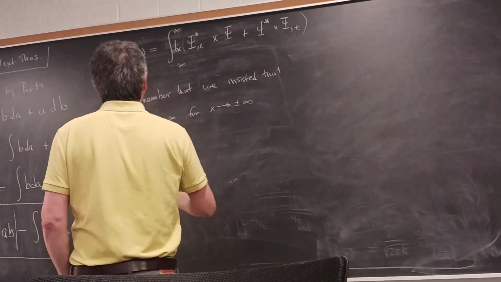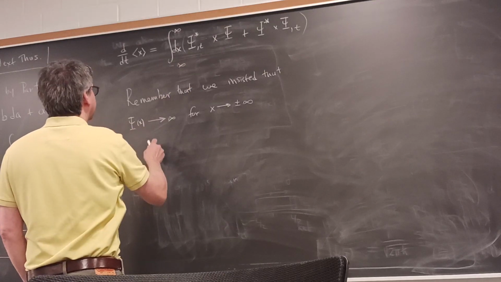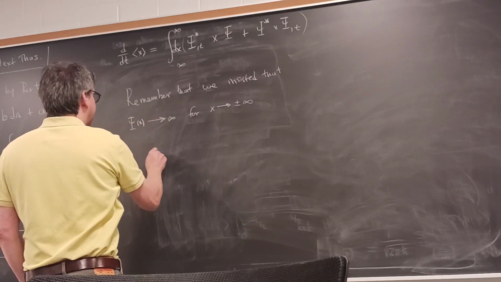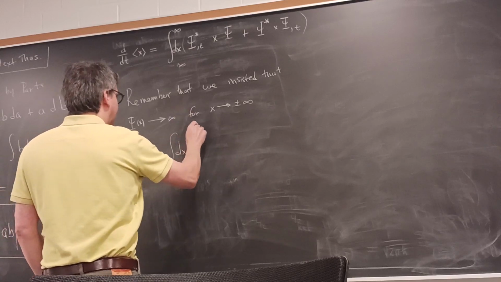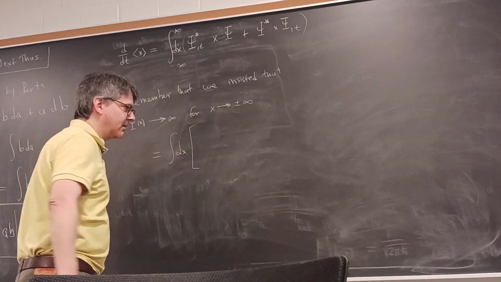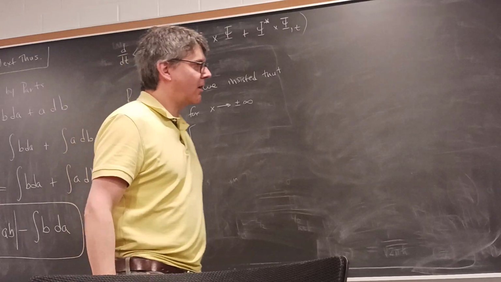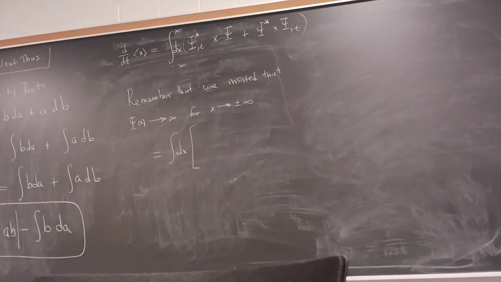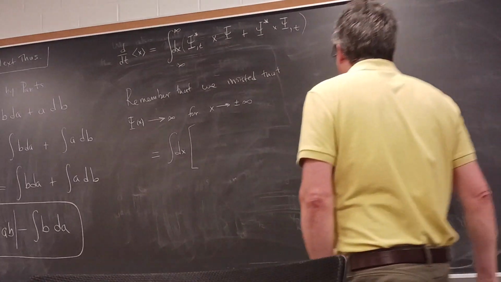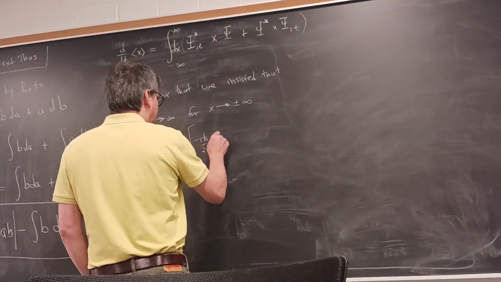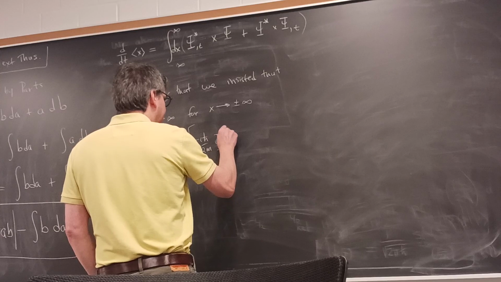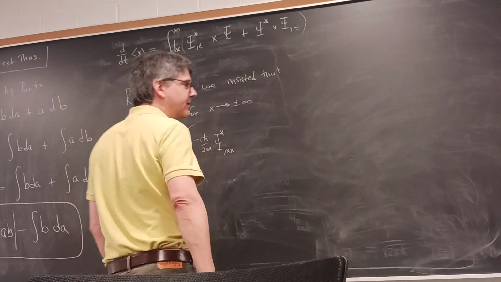So let's go ahead now and plug in for the Schrödinger equation. So this is the integral over dx. Now, it just gets a little bit messy. So now we have psi star of t. So now I've got minus i h bar over 2m psi star comma xx.